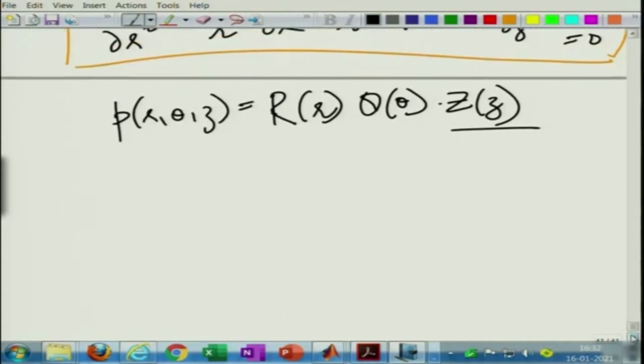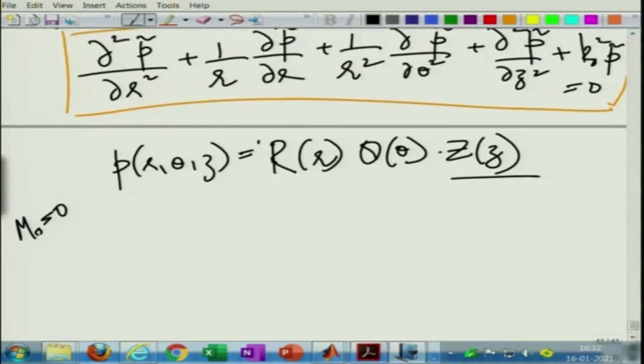Let us for simplicity consider only the case of a stationary medium, a circular cylindrical duct with a stationary medium, that is M naught is 0, Mach number is 0 to begin with. We can obviously add more terms. Now, this particular form has to be substituted back into this equation, and once we do that, I will fast forward to the separable form.